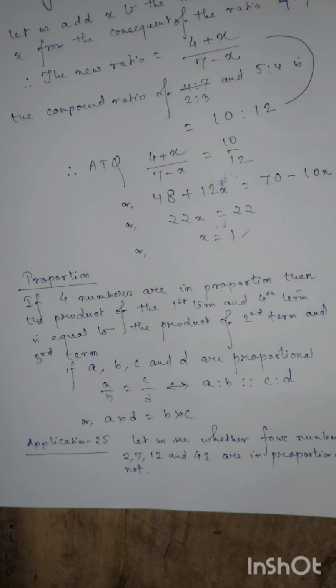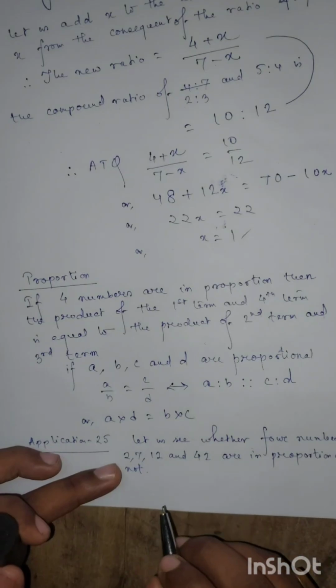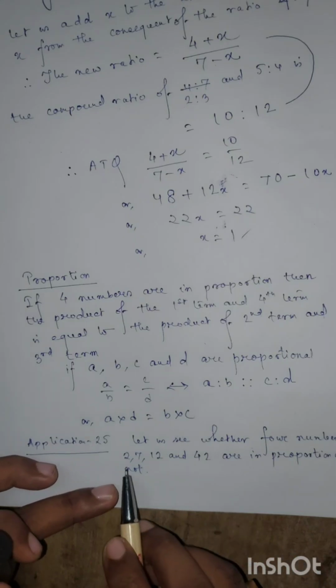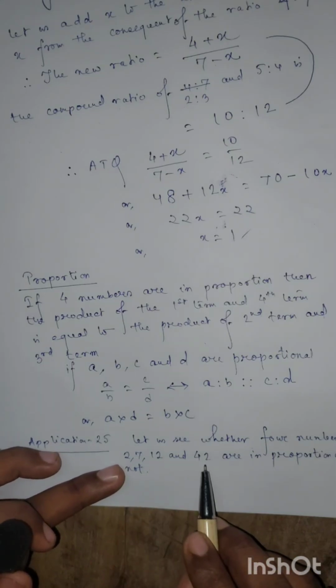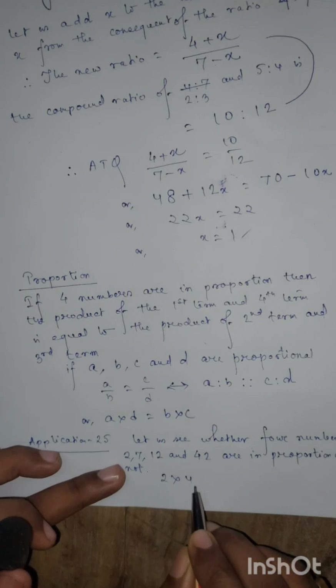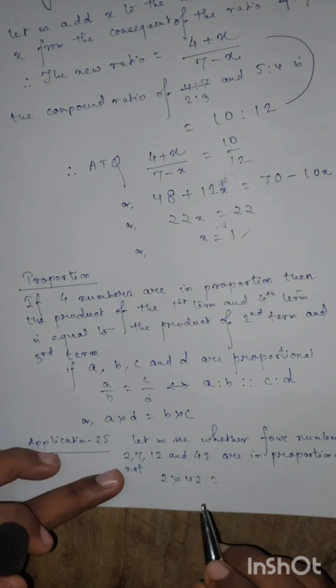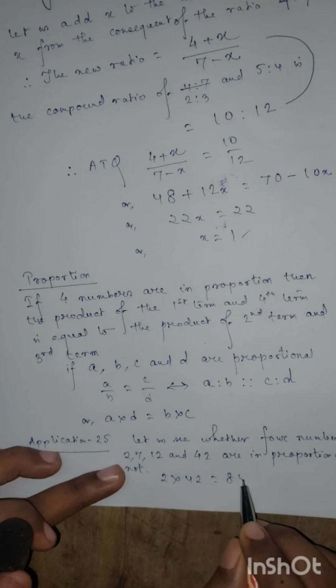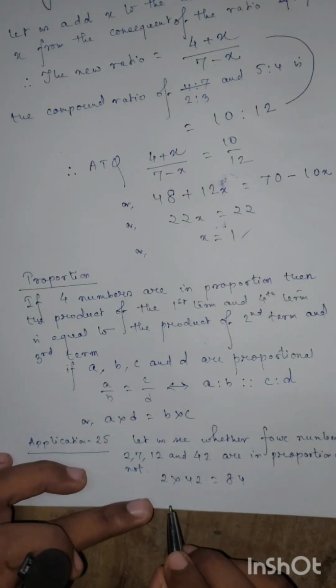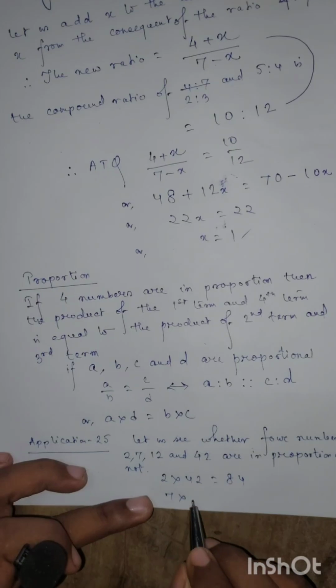So let us multiply the first term and the fourth term. So 2 into 42 is equal to 84, and let us multiply the middle terms.